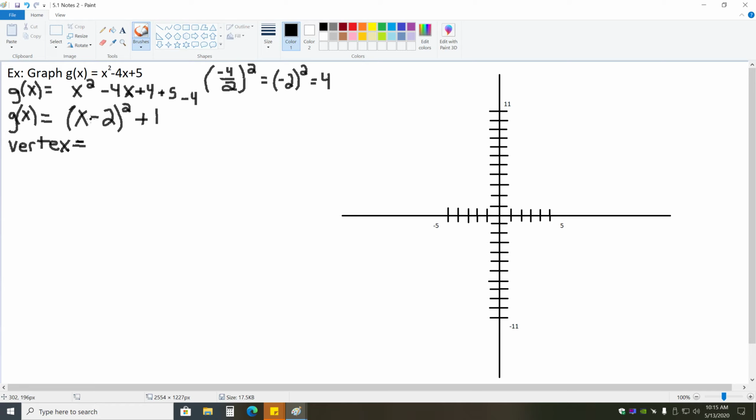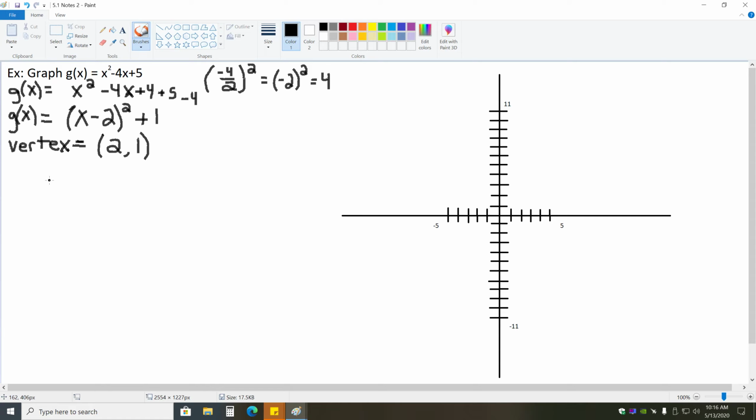So we are subtracting 2, that means h is positive 2. If it were x plus 2, then that would mean h is negative 2. It's always the opposite sign of what's with the x. So we get 2 comma positive 1. So now we have one of our 5 points.